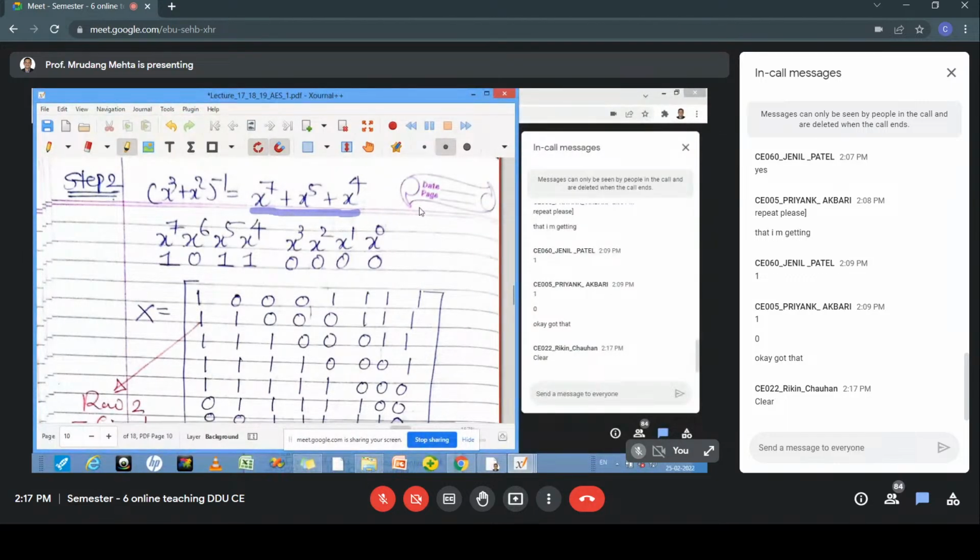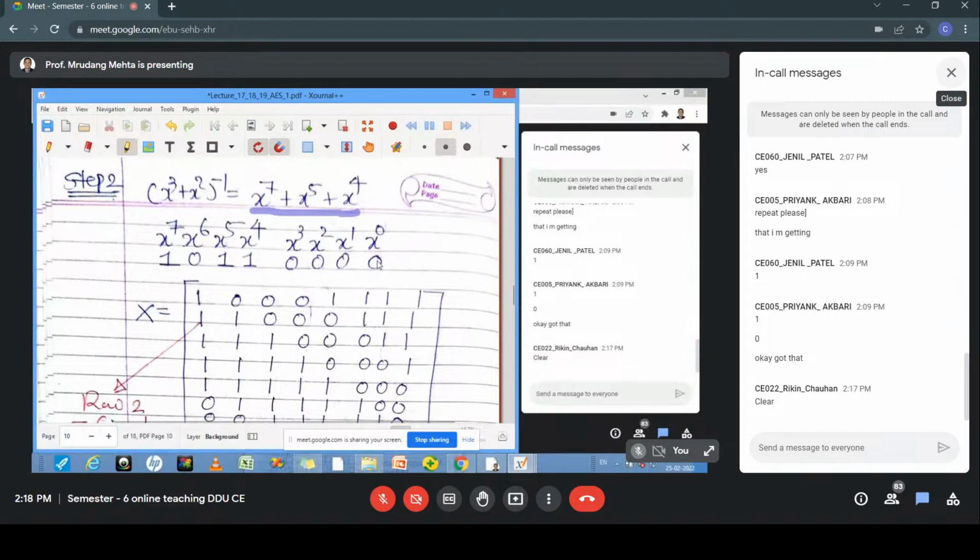So how to convert this into binary? We take x raised to 0 on the right hand side and x raised to 7 on the left hand side, right? Here the terms x raised to 0, x raised to 1, x raised to 2, and x raised to 3 are not there, so these coefficients are 0 0 0 0.